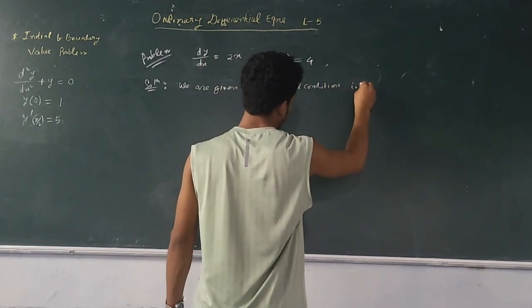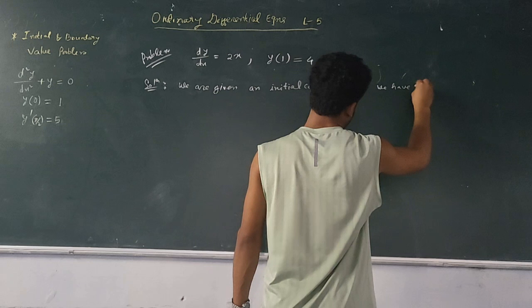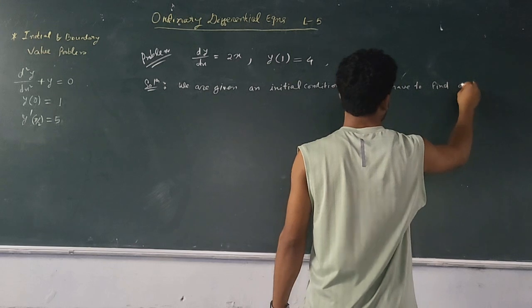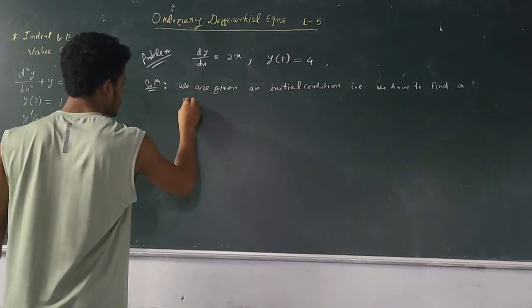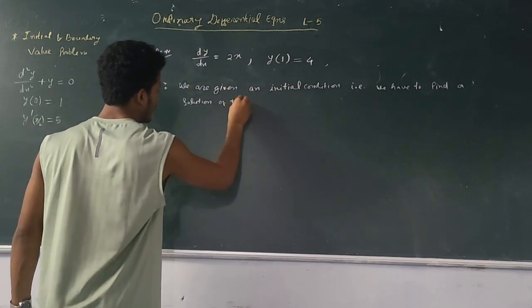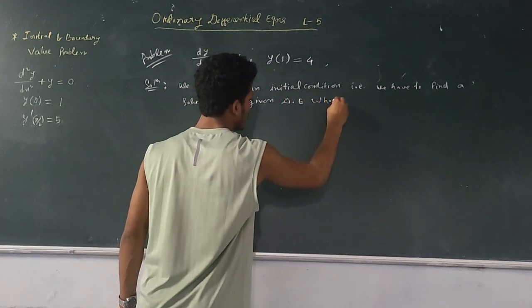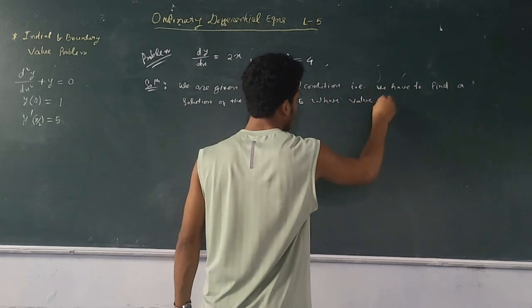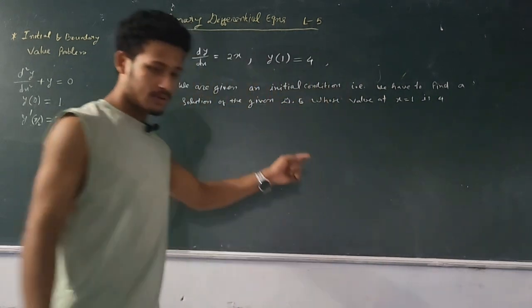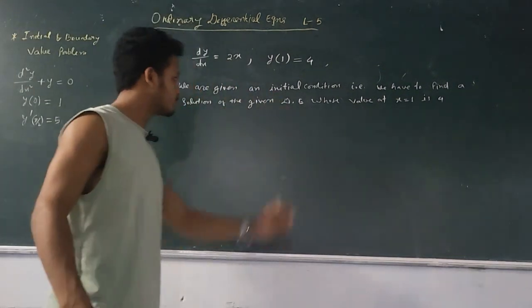That is, we have to find a solution of the given differential equation whose value at x is equal to 1 is 4. Clear? Is it visible?